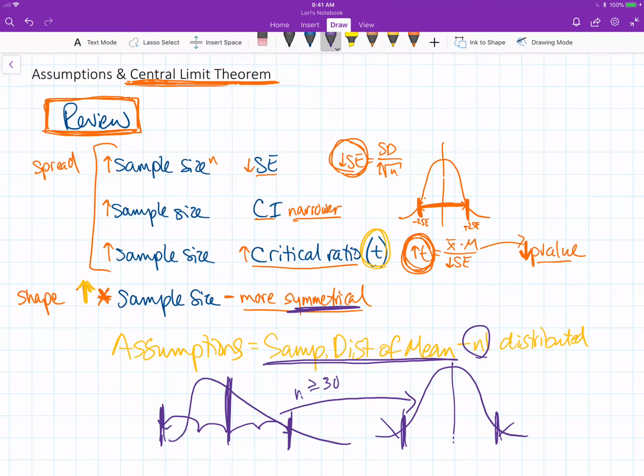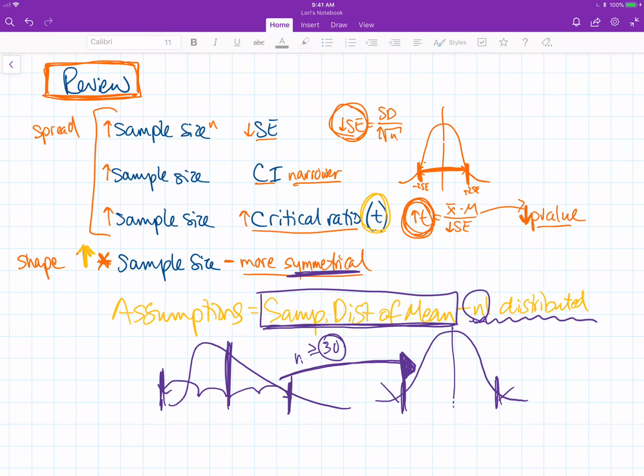So if we have an underlying population that's skewed or has leptokurtosis or platykurtosis or some strange bimodal distribution, as we create this sampling distribution of the mean, as soon as we have about a sample size of 30, then our sampling distribution of the mean becomes essentially normally distributed. That phenomenon of becoming the right shape for us to use for this hypothesis testing is called, wait for it, the central limit theorem.